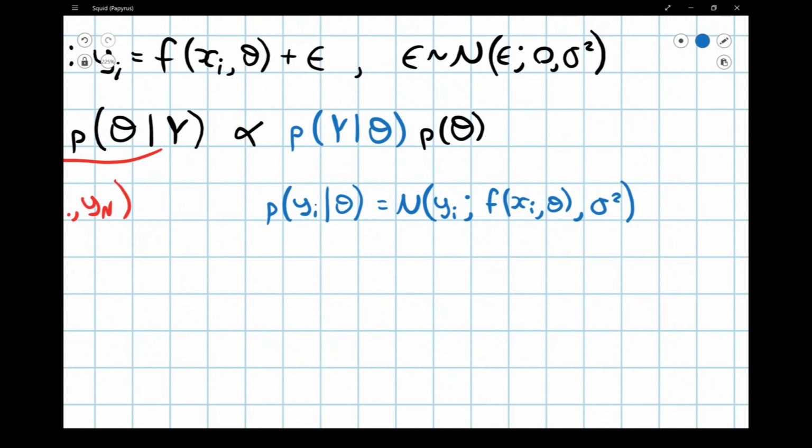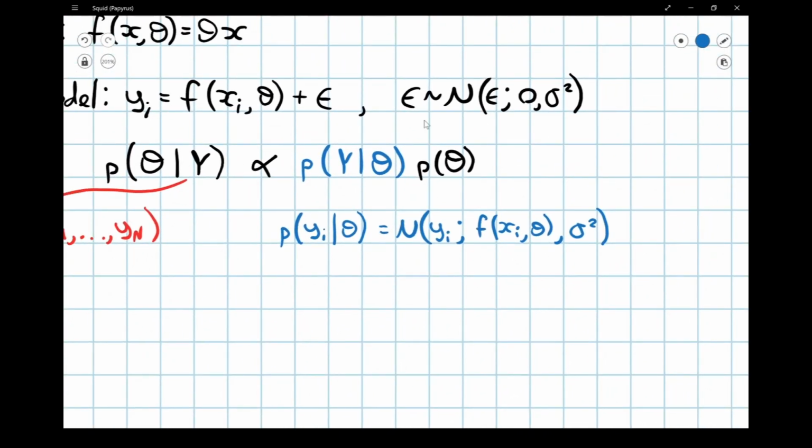And what we've assumed here is that the noise is independent for different observations. So a particular value of epsilon for y1 will have no influence on what epsilon will be for y2 and so on.